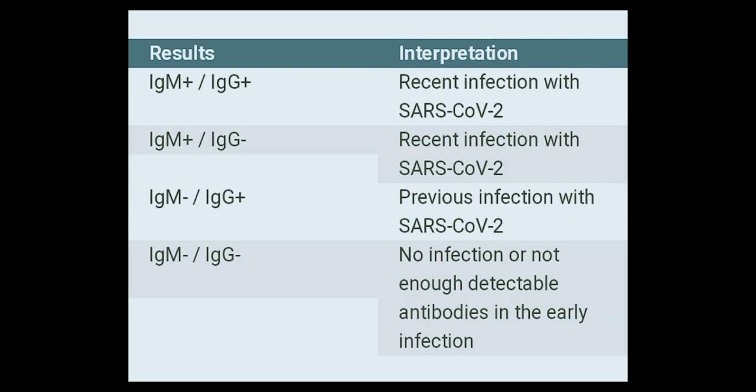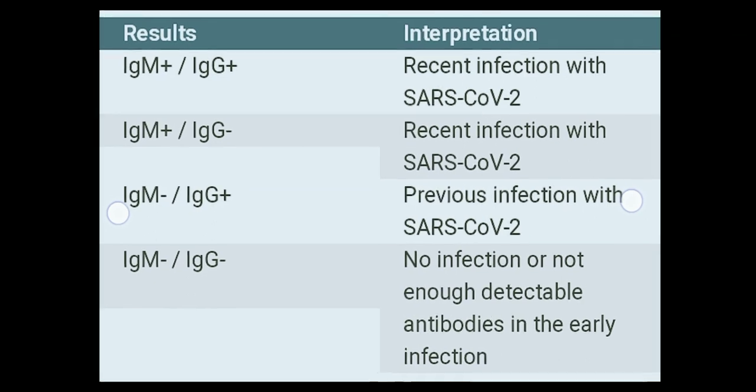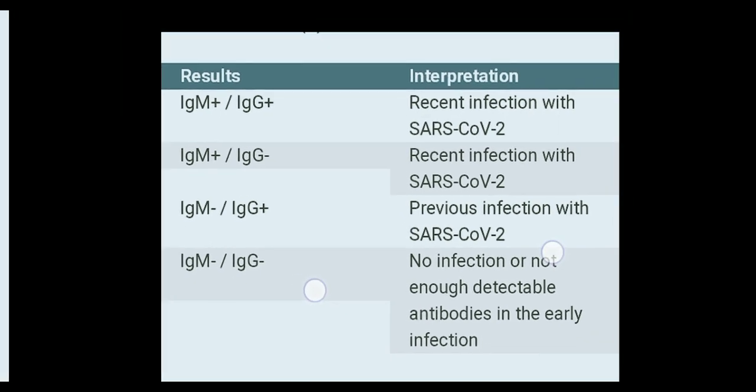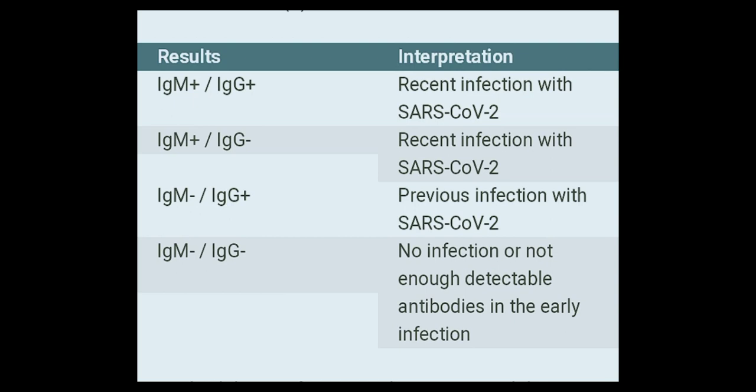And if IgM is negative and IgG is also negative, it means no infection or not enough detectable antibodies in the early infection. So guys, this was the overall concept of how the RDT test kits work.